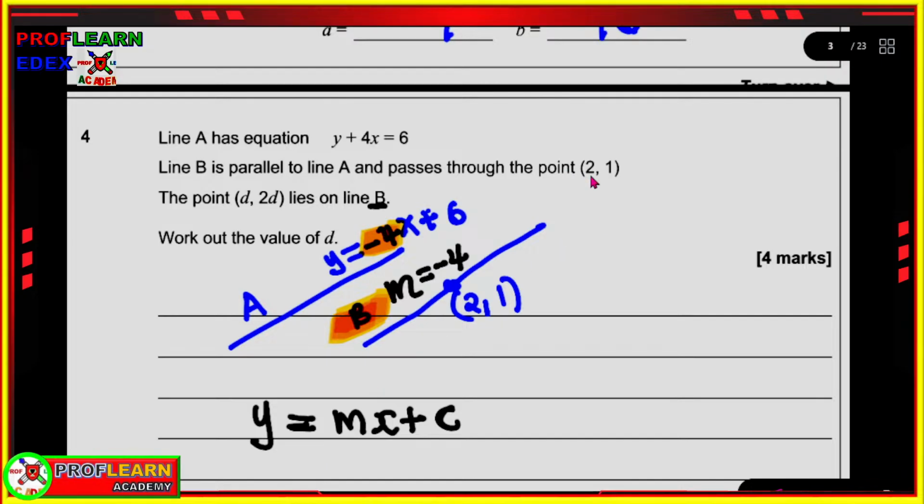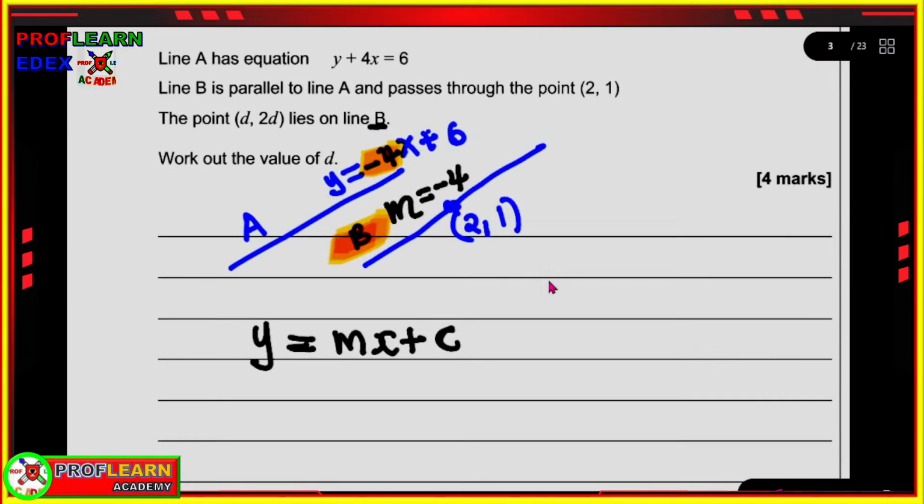If this line passes through this particular point, we can substitute the gradient, the x coordinate and the y coordinate to get the value of c. So 1 = -4 × 2 + c, which is 1 = -8 + c, so c is 9.